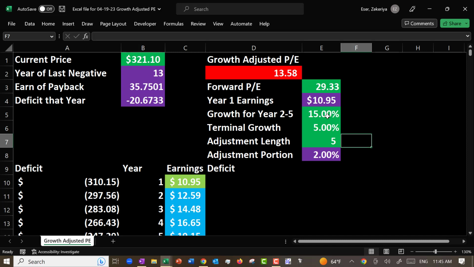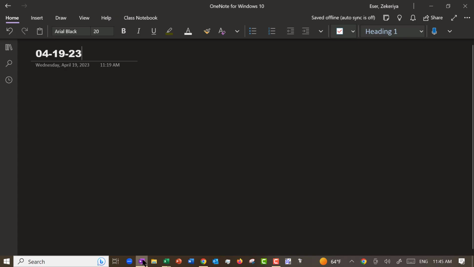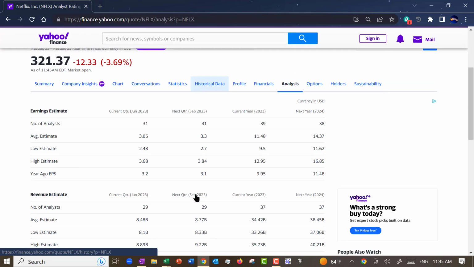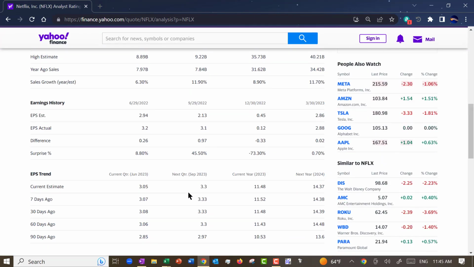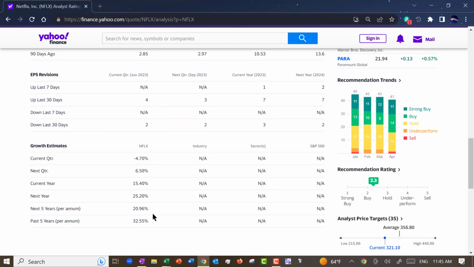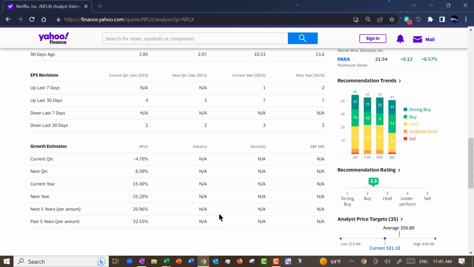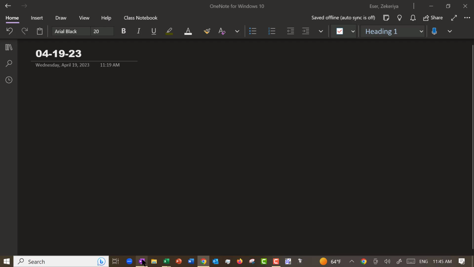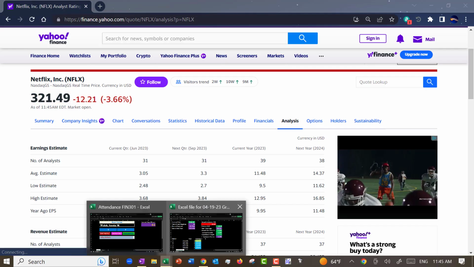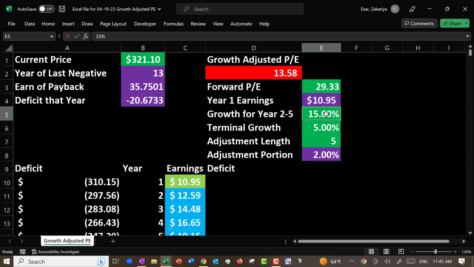Let's get the growth rate for years 2 through 5. Technically, it's 1 through 5, 20.96. And there's some minor detail I'm going to do over there because they also have an estimate for year one growth.